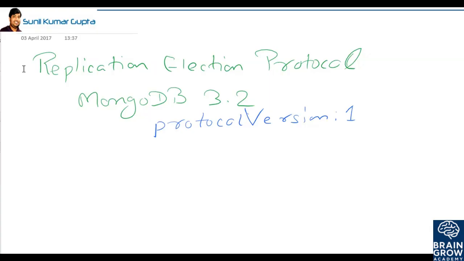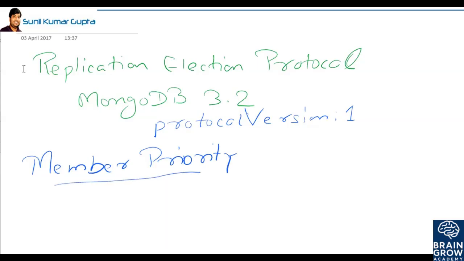The next thing is member priority. Member priority is a very important factor, because if a member does not have the priority to participate in the election, it cannot vote, and the priority should be at least 1 to participate. What happens when a replica set has a stable primary?